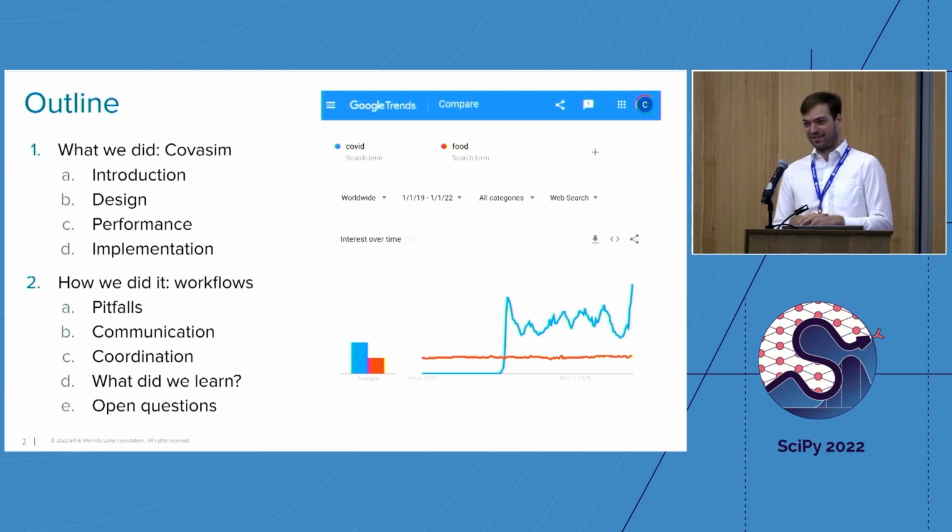And we did have a lot of pitfalls, so I'm hoping that we can have a bit of a discussion after that if you have any ideas or can relate. The graph on the right here just shows what you all know, that suddenly COVID turned from something that nobody cared about to something that people cared about more than food. We had to move pretty quickly, and so I'll talk about how we did that.